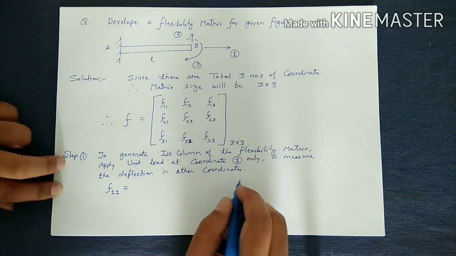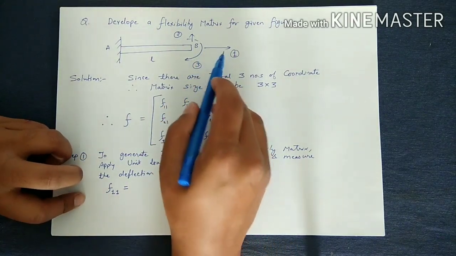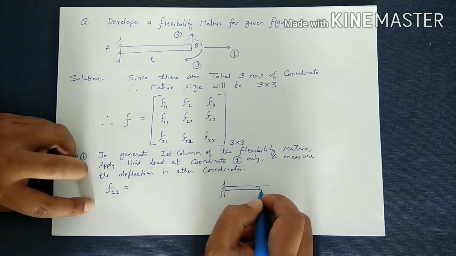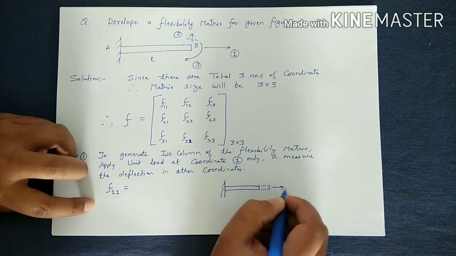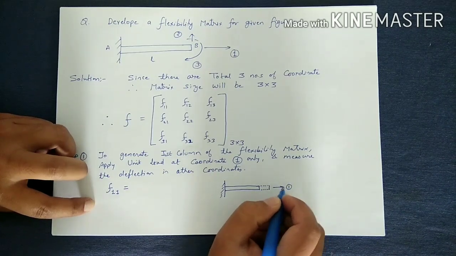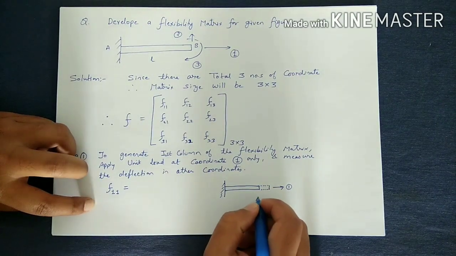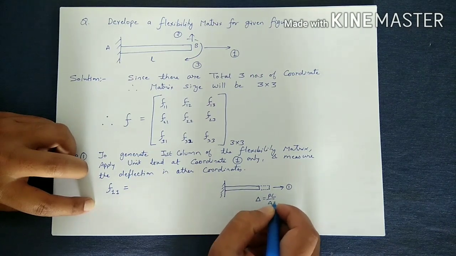Therefore, if we apply unit load in one direction, it will deflect in the direction of force only. Therefore, for this case, we know deflection is equal to PL upon AE.